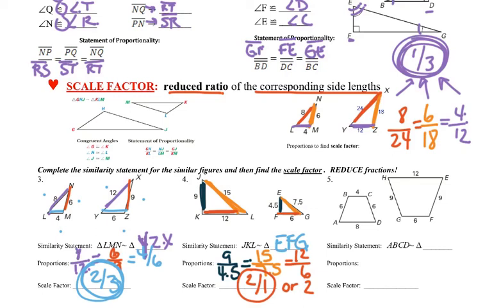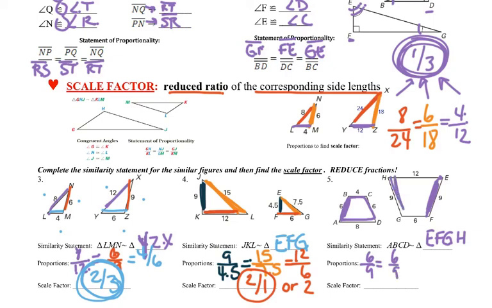Last one. Now this one's a little tricky because it's kind of upside down, right? A, B, C, D. Let's see, which one goes with A? I feel like the A goes with E, don't you? E, F, G, H, yeah. So this means this side of 6 here is going to correspond to this side of 9. So the 6 over 9, and that's going to go for both of those.